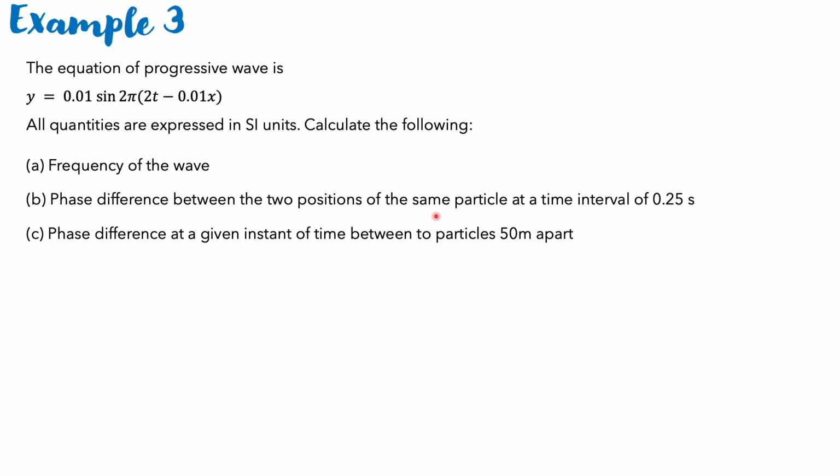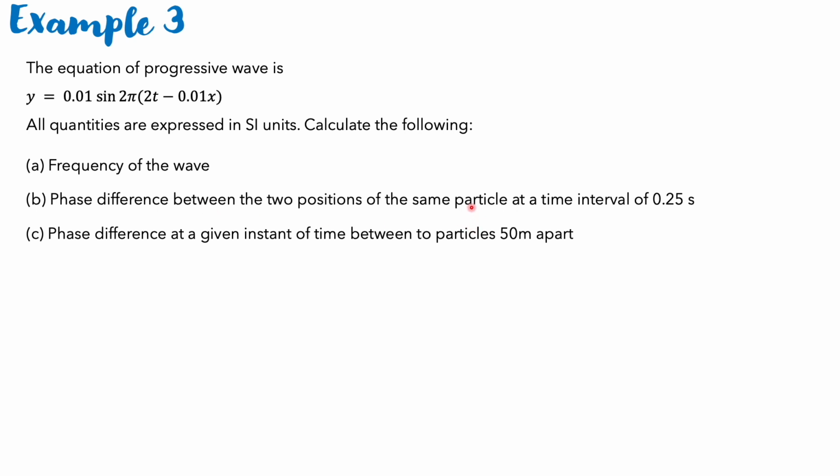So 2 positions of the same particle. Same particle means the particle which is moving in the medium. You know that mechanical waves, when they pass through a medium, move particles up and down or to and fro. So this one is a sinusoidal wave, meaning particles will be moving up and down, and the wave will be traveling in the positive x direction or negative x direction.